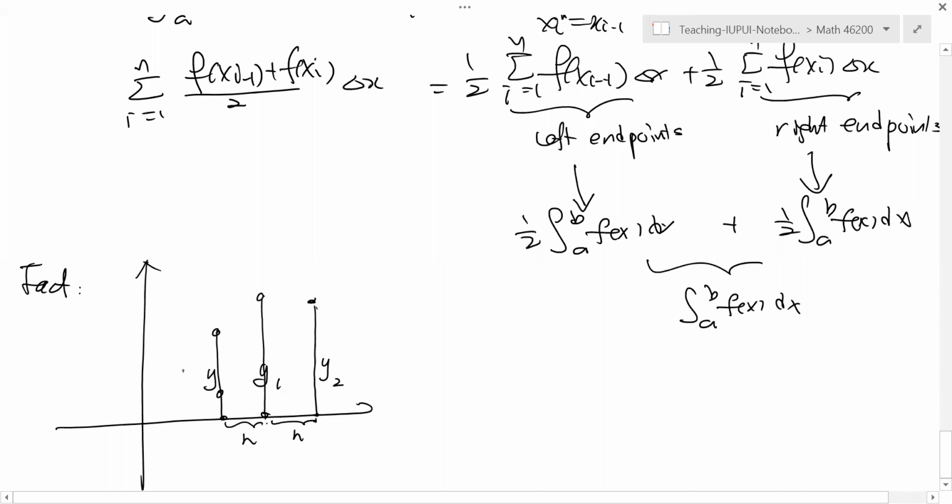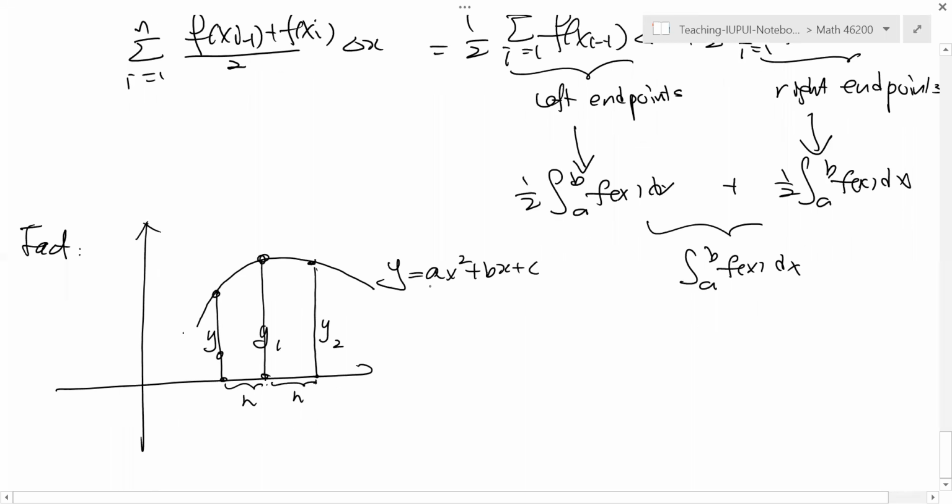Now, given 2 points, there's a unique line passing through. Given 3 points, there's a unique quadratic, a unique parabola, y equals ax squared plus bx plus c, passing through those 3 points.